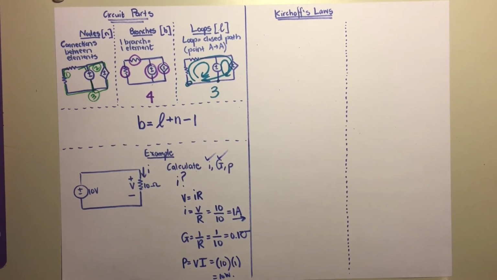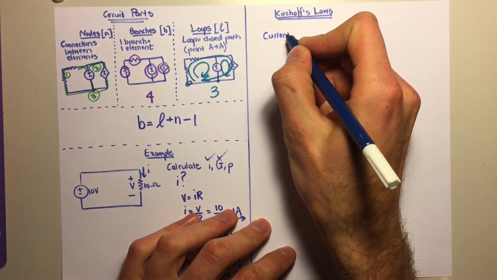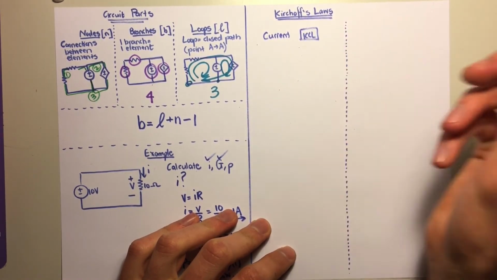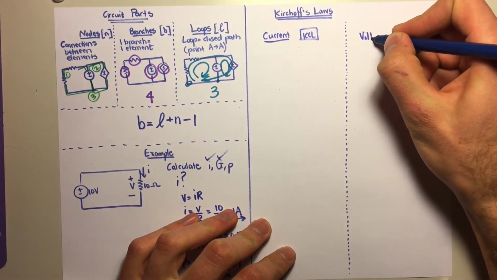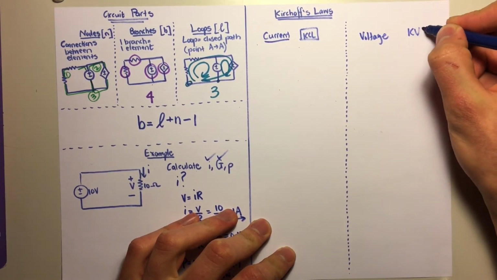Okay, next we look at what I just mentioned, Kirchhoff's laws. So Kirchhoff's laws, you get two laws. You get a current law, which is known as KCL, Kirchhoff's current law, and we get a voltage law, KVL, Kirchhoff's voltage law.